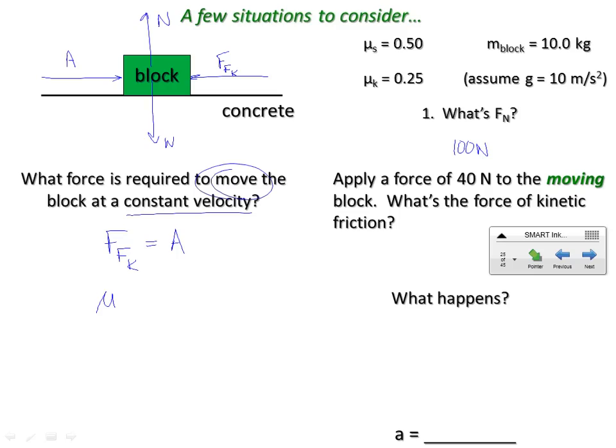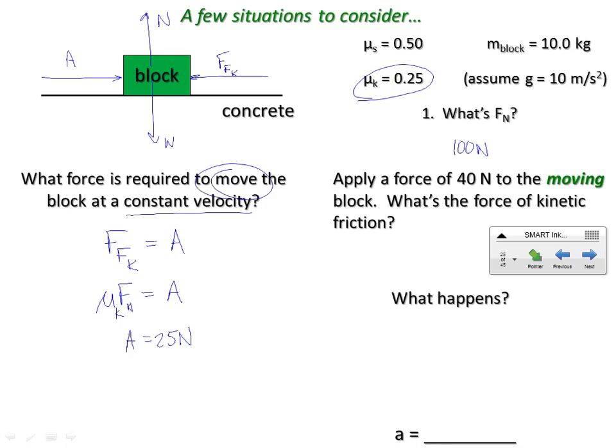That means mu kinetic times the normal force is equal to A. In this case, here's mu K. We apply 25 newtons. Remember, on the last page, it took 50 newtons to get it moving. Once we get it moving, it takes only 25 newtons of force to keep it moving at constant velocity.